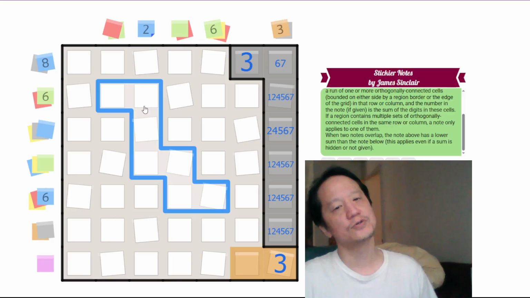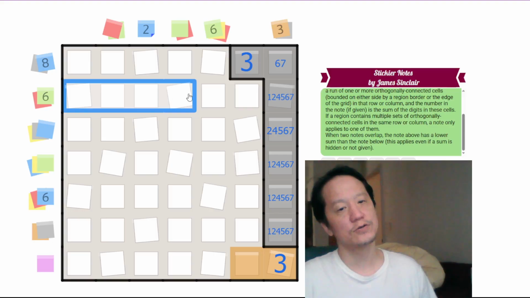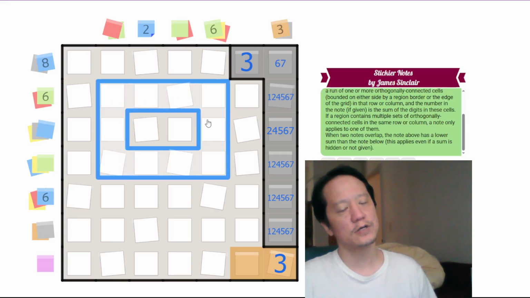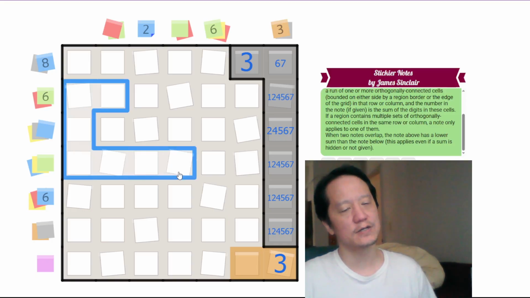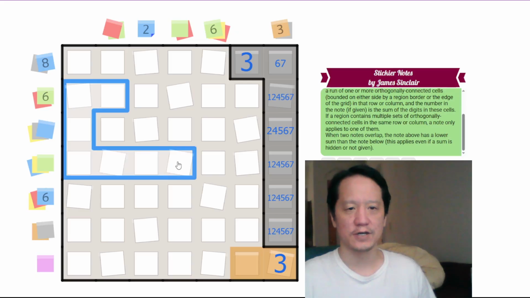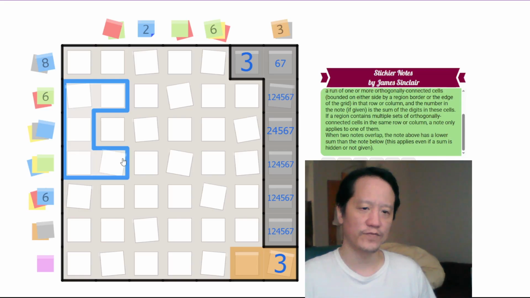Green is also somewhat restricted. It also has to go through here down to here. So 6 of the cells have to be there in the box. I mean, can it be outside? No, because you have to go 3 outside, and then that's too many, right? This is 1, 2, 3, 4, 5, 6, 7.